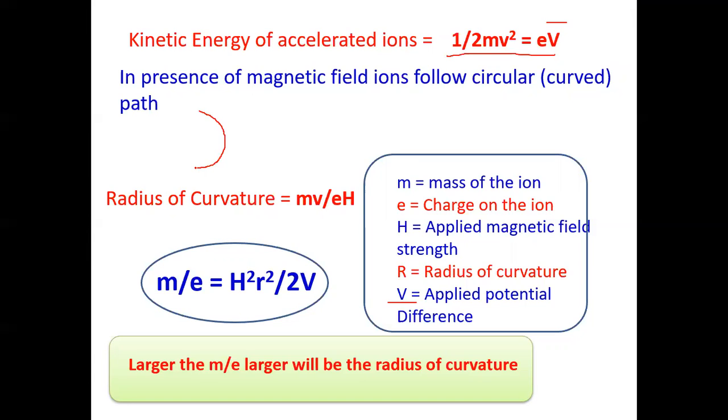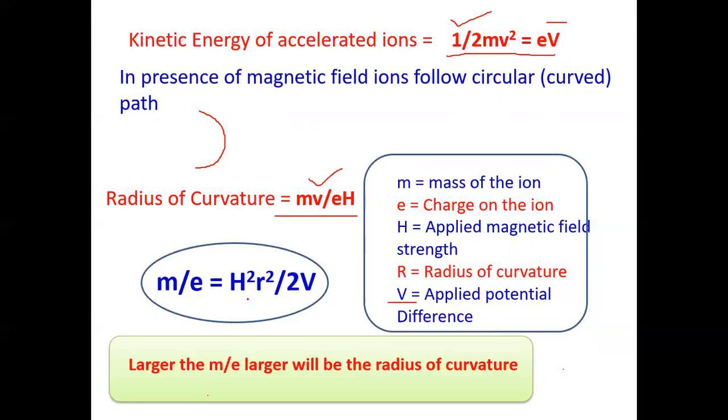The radius of that circular pathway can be given by this formula, mv upon eH, and by substituting these values using this equation and this radius equation, finally we get a new equation which gives m by e is equal to H square r square upon 2V, where H is the strength of the applied magnetic field, r is the radius of that curvature, and V is the applied potential difference.